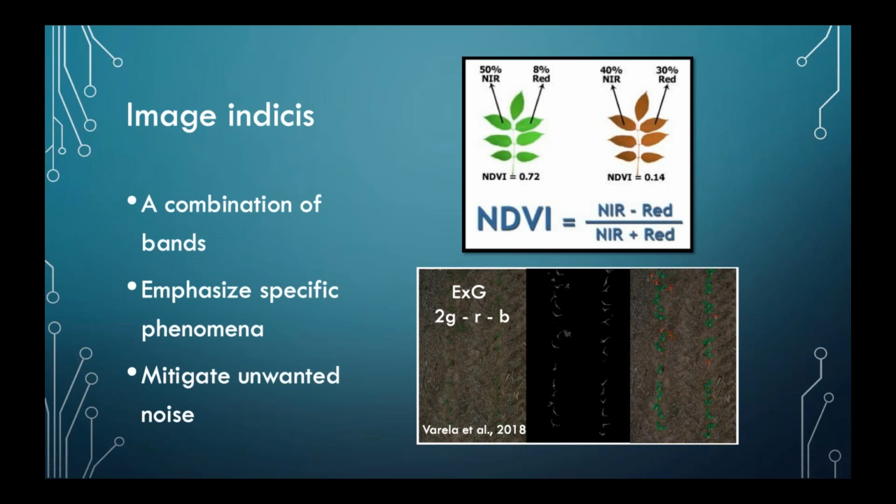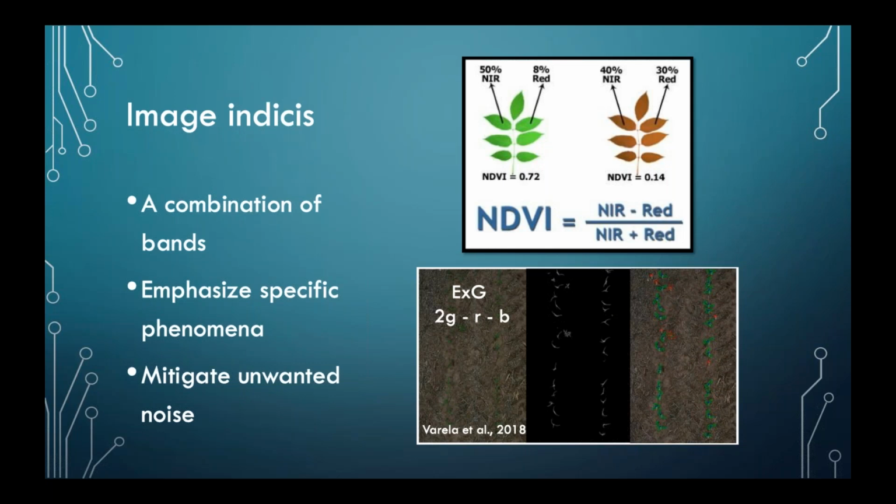And then the EXG, which stands for the excess green index, is a popular index used for discriminating between green leaf area and background. That image there from Varela et al. 2018 is looking at corn seedlings and doing automatic stand counts. I think most of us have done stand counts, and those are not enjoyable at all.